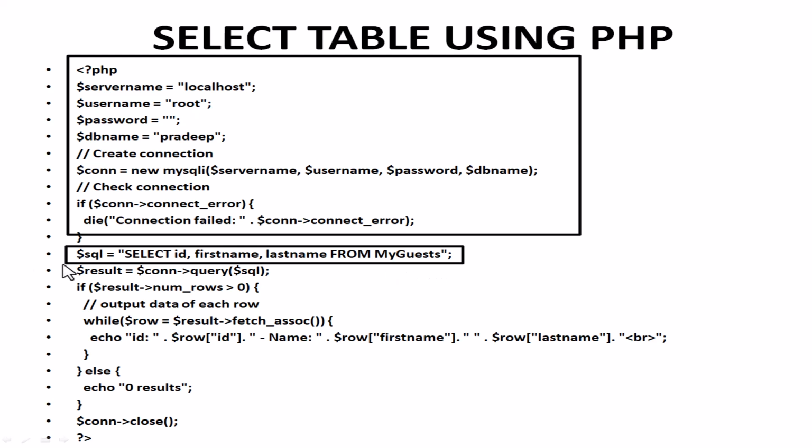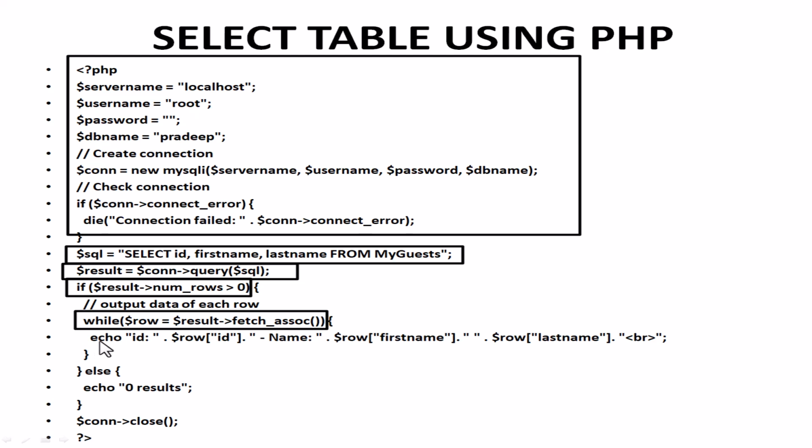Here we are going to create a result set function. Connection query SQL. In the if condition, if the number of rows is greater than 0, only then it retrieves the values. If it is greater than 0, it will enter the while loop. Row equals result fetch associate, so it will be fetching the associative details.